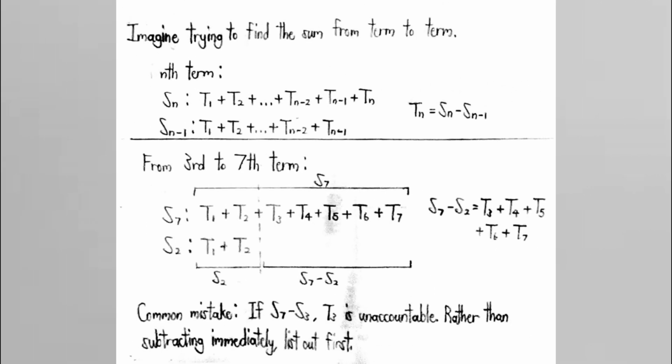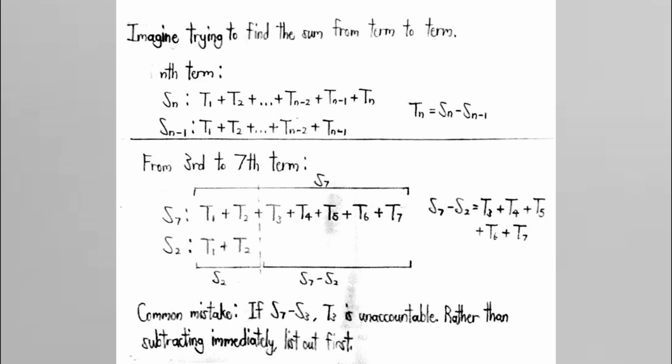Let's look at the special case where you want to find the sum from term to term. If you want to find the nth term, first list out the sum for Sn and the sum for Sn-1. Take Sn minus Sn-1 and you get the nth term as shown in the picture.